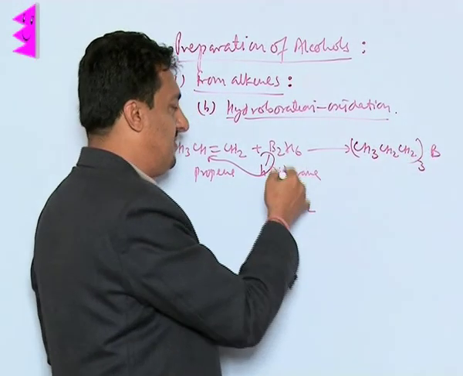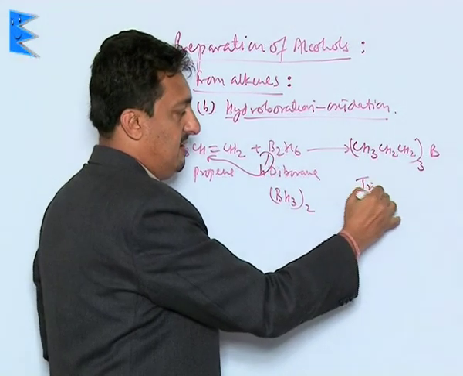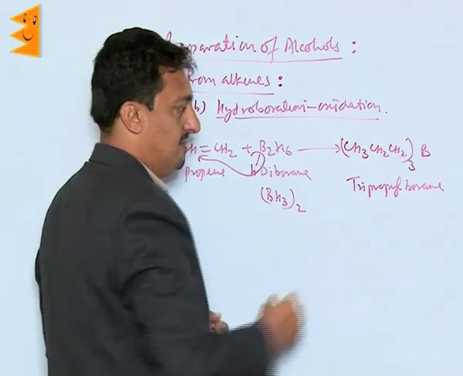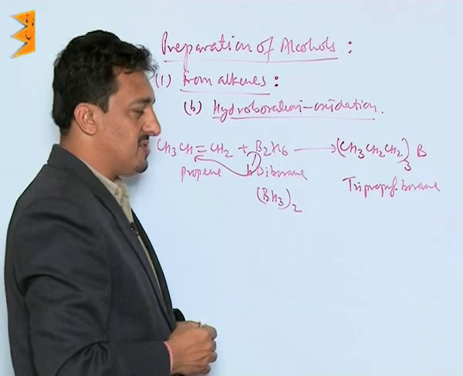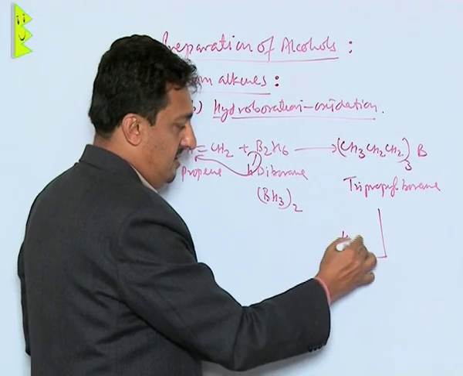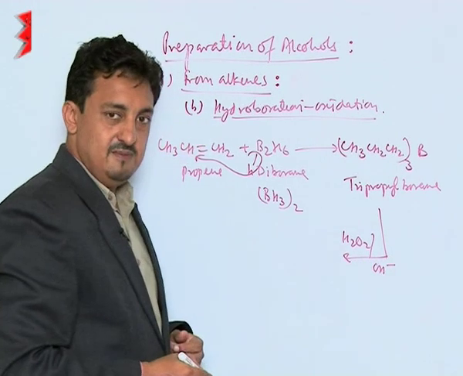So all hydrogens in this way get substituted, and we get tripropyl borane. Now this tripropyl borane is then reacted with hydrogen peroxide in presence of basic medium.